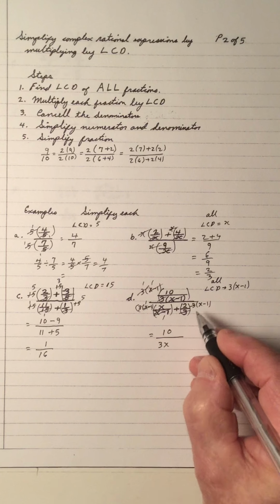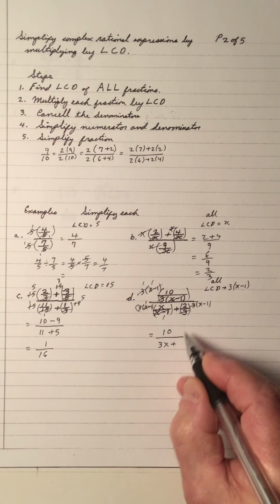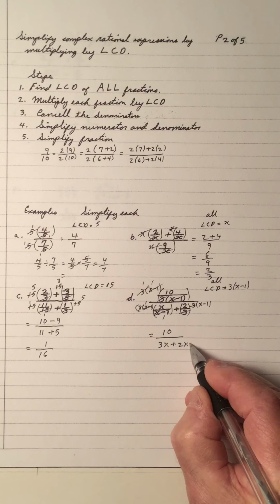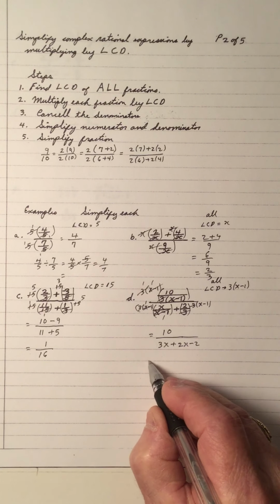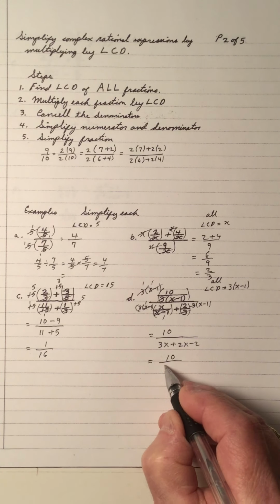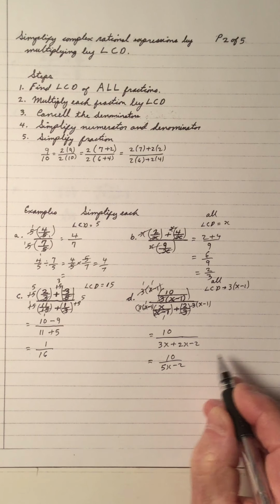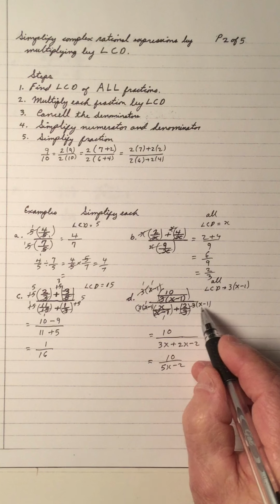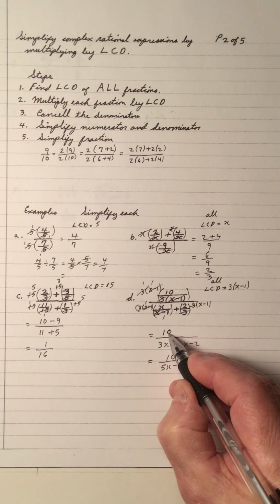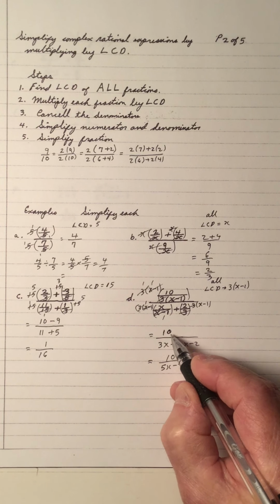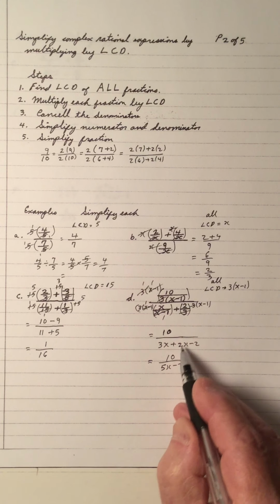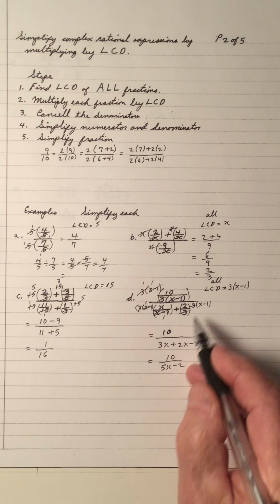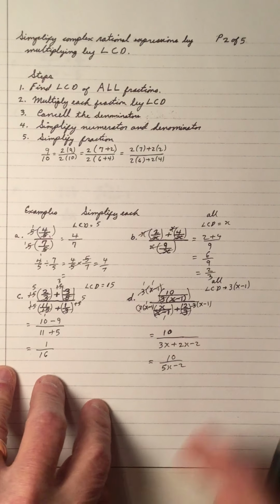The 3 cancels, so I get 2 times x, 2 times negative 1, and I get 10 over 5x minus 2. So notice I canceled, and as the problem gets a little bit more awkward, then instead of multiplying this out like I did, leave it as 2 times x minus 1 and multiply it down below.